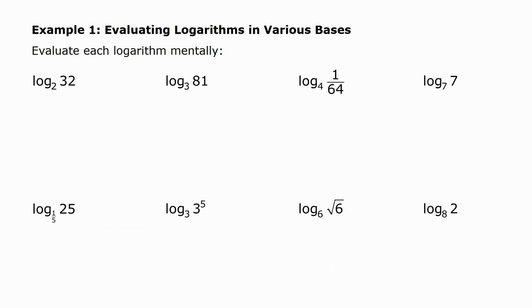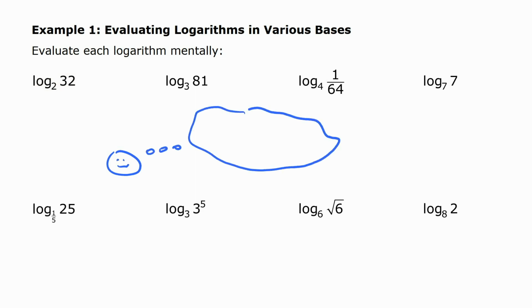So this one says, what's the log base 2 of 32? What you need to think there is, 2 to the power of what is 32? How do I express 32 as a power of 2?